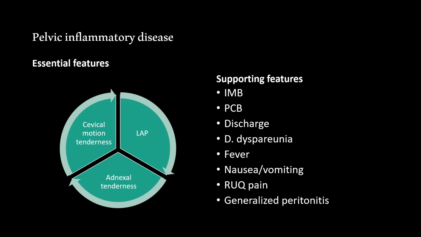So there are signs and symptoms from the lower genital tract infection as well, such as postcoital bleeding and vaginal discharge. There is deep dyspareunia as well. The patient may show fever, nausea, vomiting, right upper quadrant pain, and generalized peritonitis if the infection is very advanced.